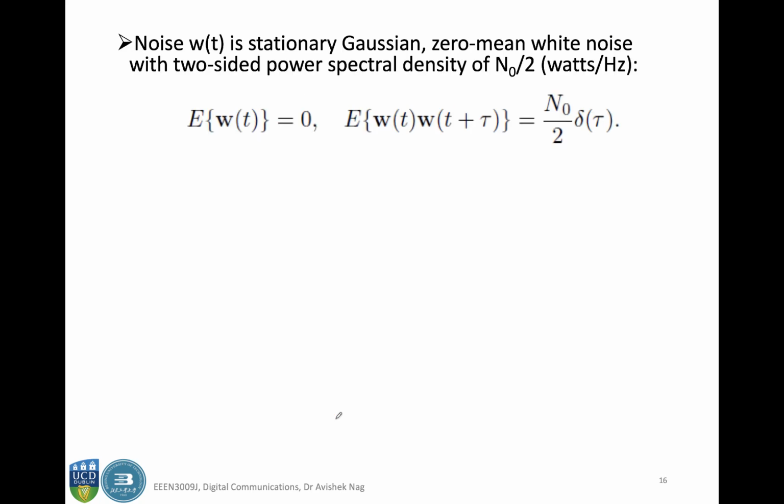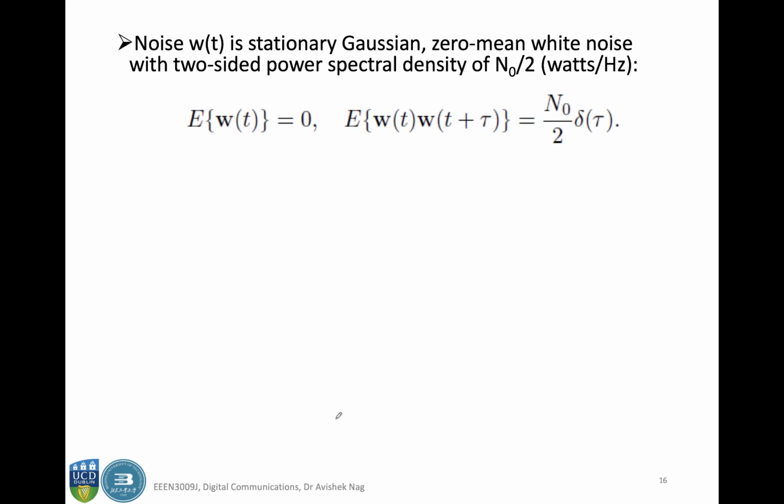So moving on, we cannot ignore the noise. The noise W(t), which is a random process, is stationary Gaussian and zero mean white noise with two-sided power spectral density of N0 by 2. This means that if you take the expectation of the noise, you will get 0. So the noise is zero mean.